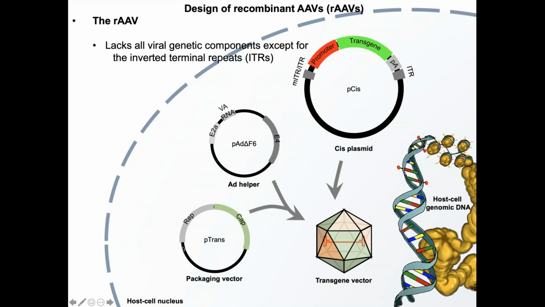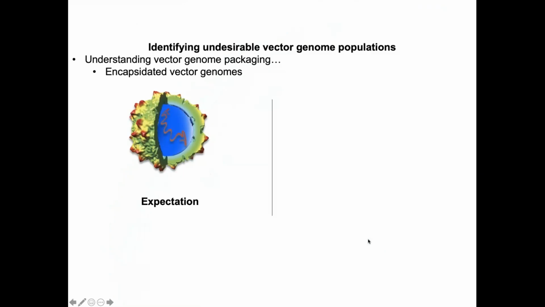In trans, you can also deliver the essential replication machinery as well as the capsid sequences. And in conjunction with host cell machinery, then you can package vector with your transgene of interest.